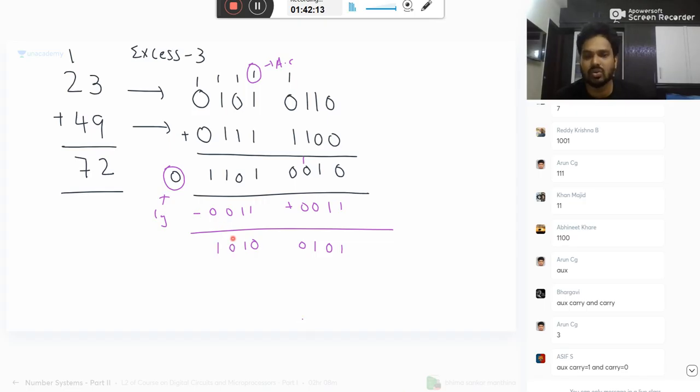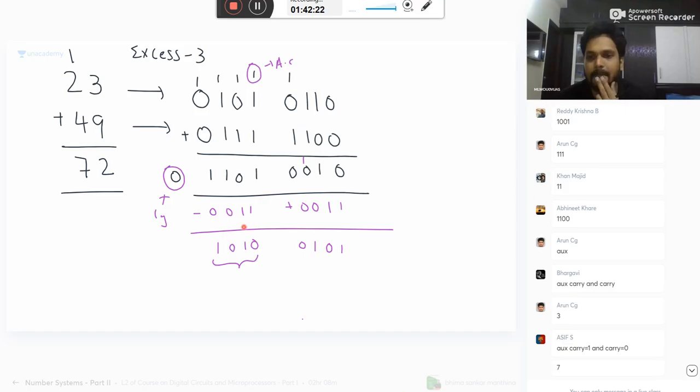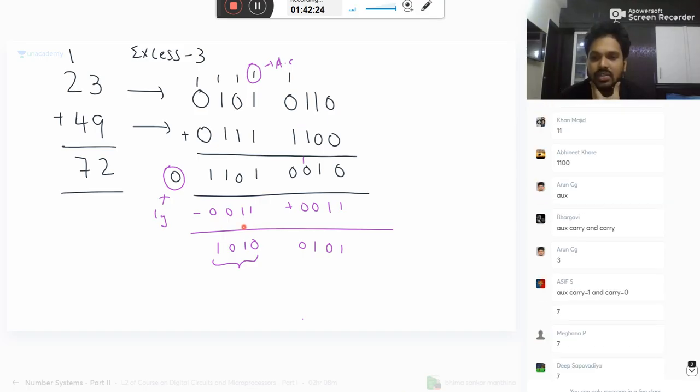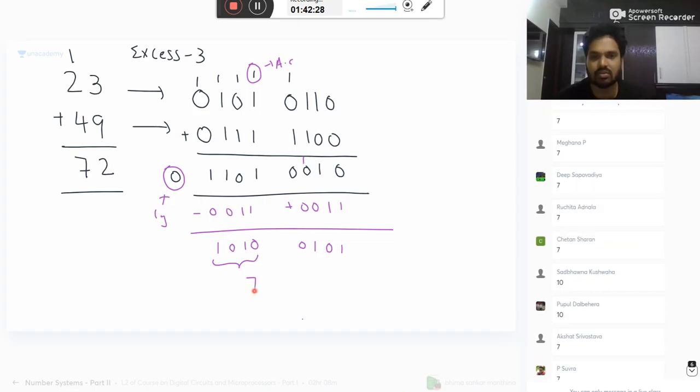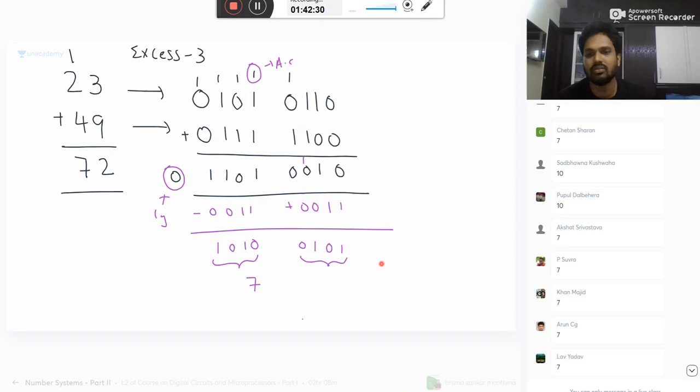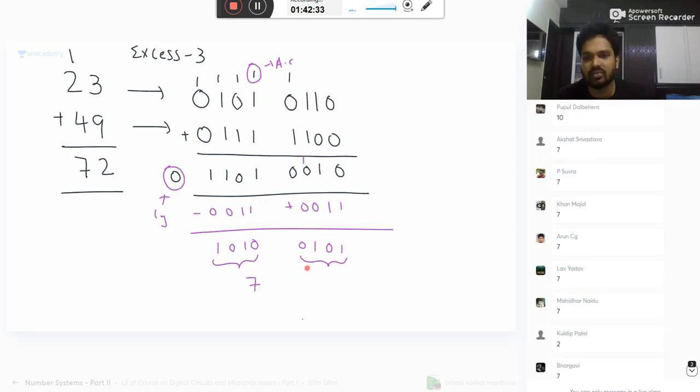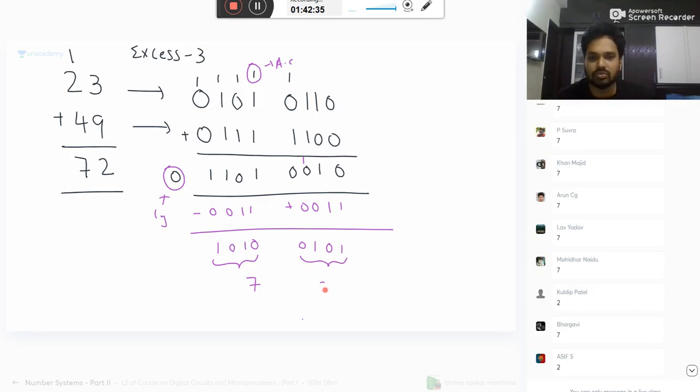For subtractions, don't worry, we'll discuss them clearly in the arithmetic circuits again anyway. Now tell me what is 1010? Everybody comment. 1010 is actually 10, but in excess 3 it is 7. What is 0101? It is 5, in excess 3 it is 2. You got your answer.